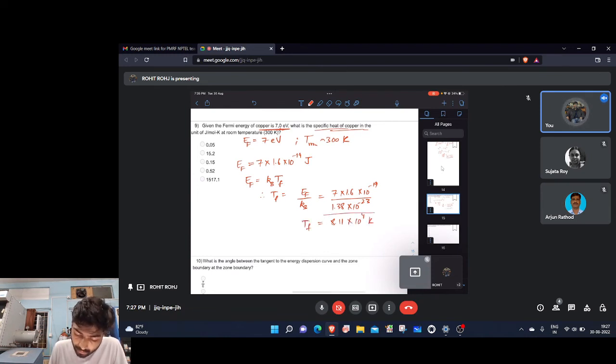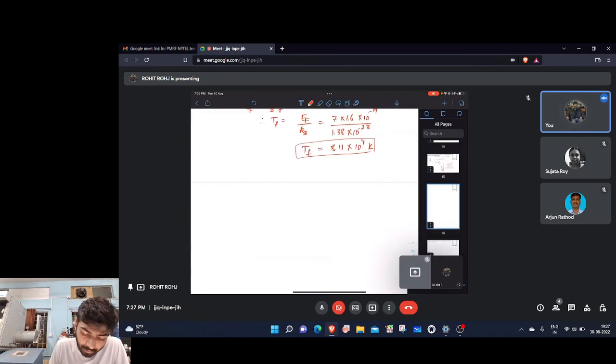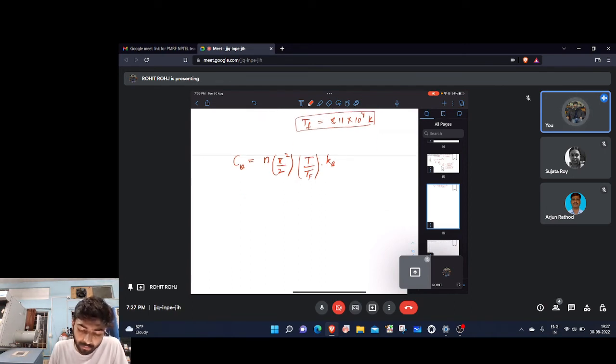So this is our Fermi temperature, and the heat capacity, the specific heat of the system, is related to Fermi temperature in the following way. Cv is n times pi square by 2 times the ratio of the temperature at which the system is to the Fermi temperature, multiplied by the Boltzmann constant. Now since we have calculated all the values, we can plug them in.